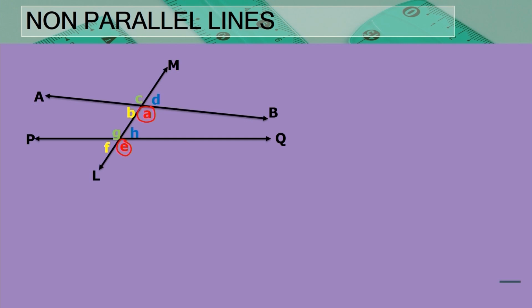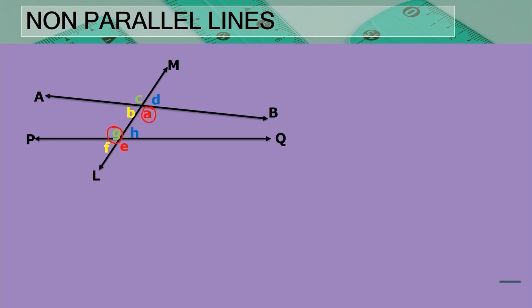What about the alternate angles? Remember, the alternate angles are the ones that are on the opposite side of the transversal. So if we're talking about the interior alternate, we are talking about angle A and angle G, as we can see that they are on the opposite sides of the transversal, but they are on the inside of the lines.